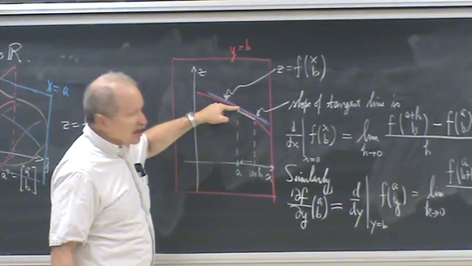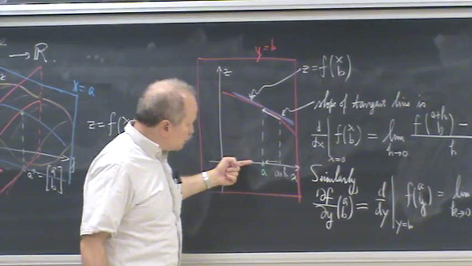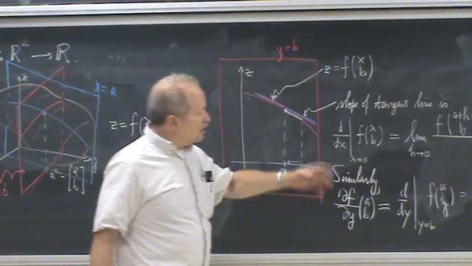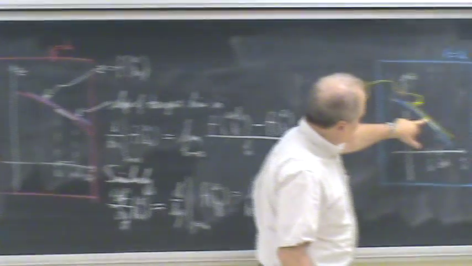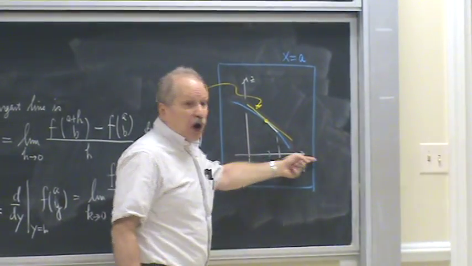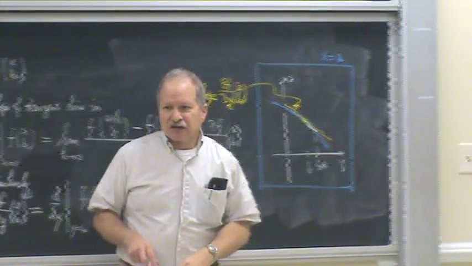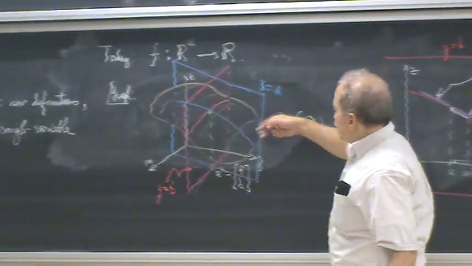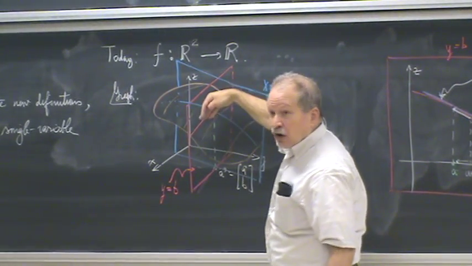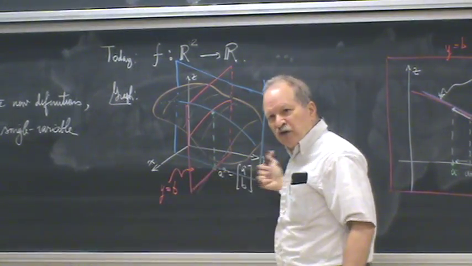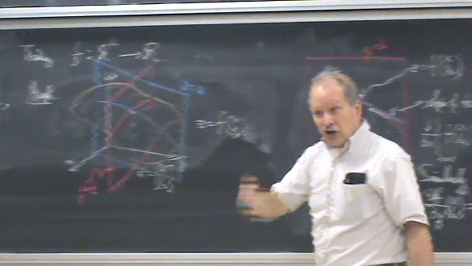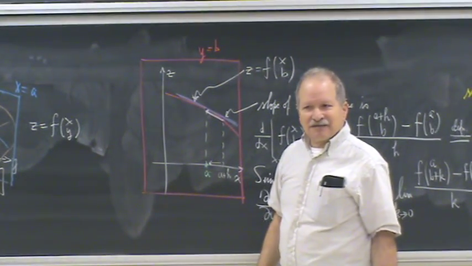So the slope here is the instantaneous rate of change as you're moving along the x-axis. This slope is the instantaneous rate of change as you're moving in the y direction. So you can interpret the slopes of these slices also as a rate of change as you move in the direction of the axis along which you're slicing.